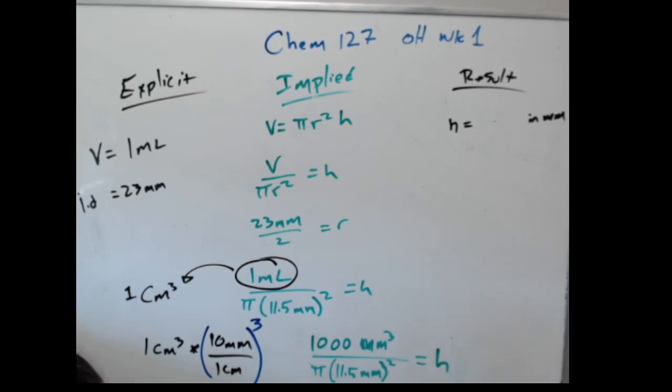Let's see how it works out. 11.5 squared times pi inverse times... oh, anyone else get a number yet? No calculator? For the bottom? Like the whole thing, h equals.